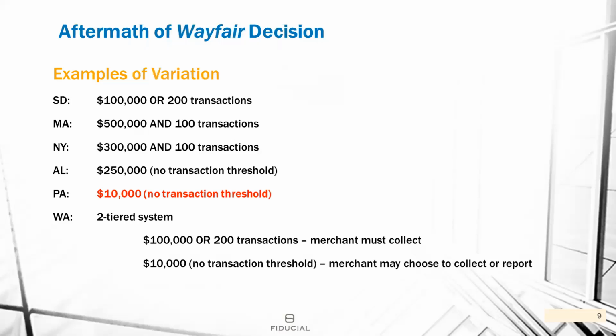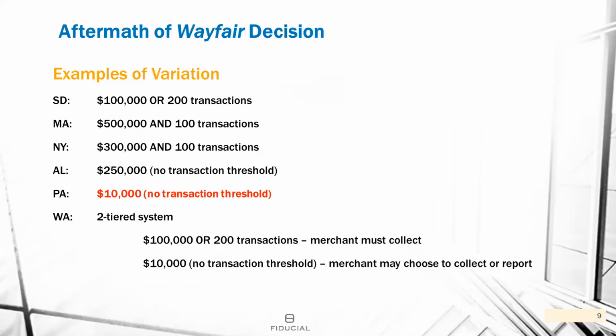Massachusetts says we're going to make it $500,000 and 100 transactions. So some states use or and some states use and. New York says we want our standard to be $300,000 and 100 transactions. Alabama says we're just going to have a straight $250,000 threshold with no minimum number of transactions.